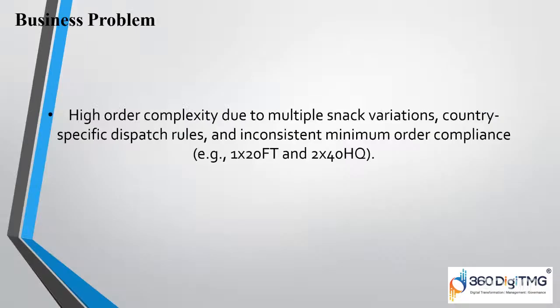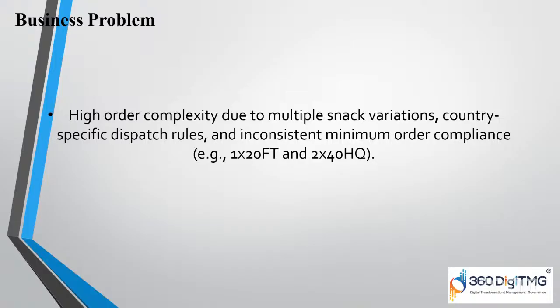First, business problem. The problem we are solving here comes from the snack export industry. There are multiple challenges. First one is different snack variation with SKUs, flavors, and packaging. The next, country-specific dispatch rule.